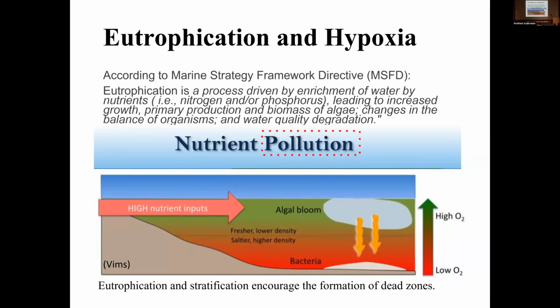So from this perspective, eutrophication is also known as nutrient pollution. Because under eutrophication, the excess of this algae will eventually sink to the bottom and get respired, using oxygen. So when the oxygen consumption rate is much higher than the oxygen supply rate from the mixing, hypoxia is formed. And so, next one.